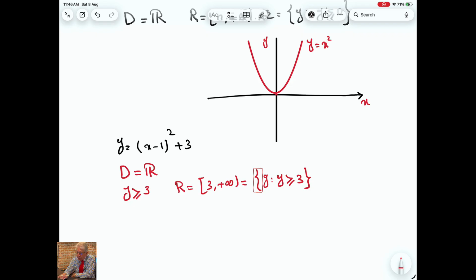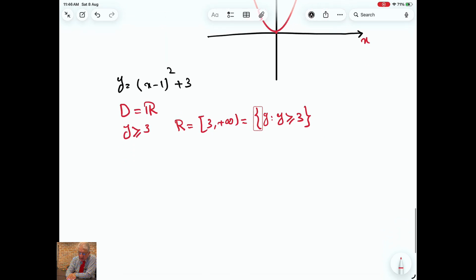As you may know, this is a quadratic equation, and because it's a quadratic one, it has a minimum value. The minimum point is x equal to 1 and y equal to 3. Now if you draw the graph of this, you can see that the graph will be something like this.